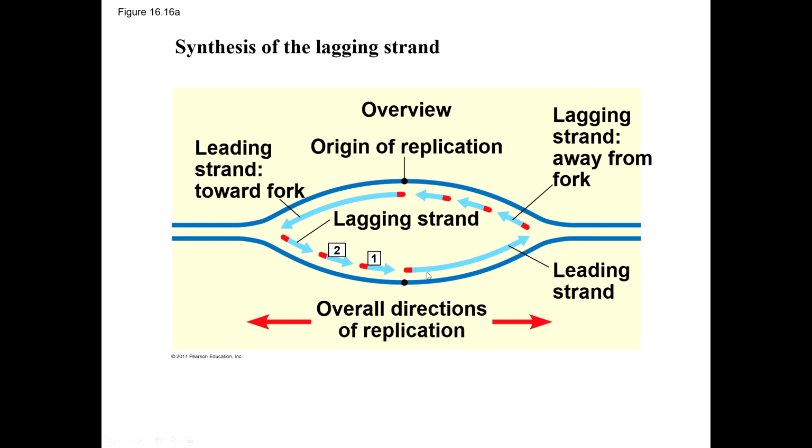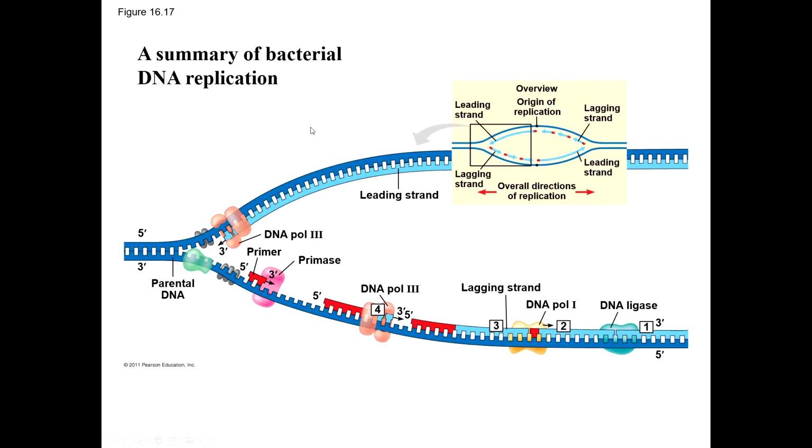Overall, the directions of replication are bidirectional, going both ways. So the lagging strand, again, away from the fork, the leading strand towards the fork, the lagging strand discontinuous, the leading strand continuous.